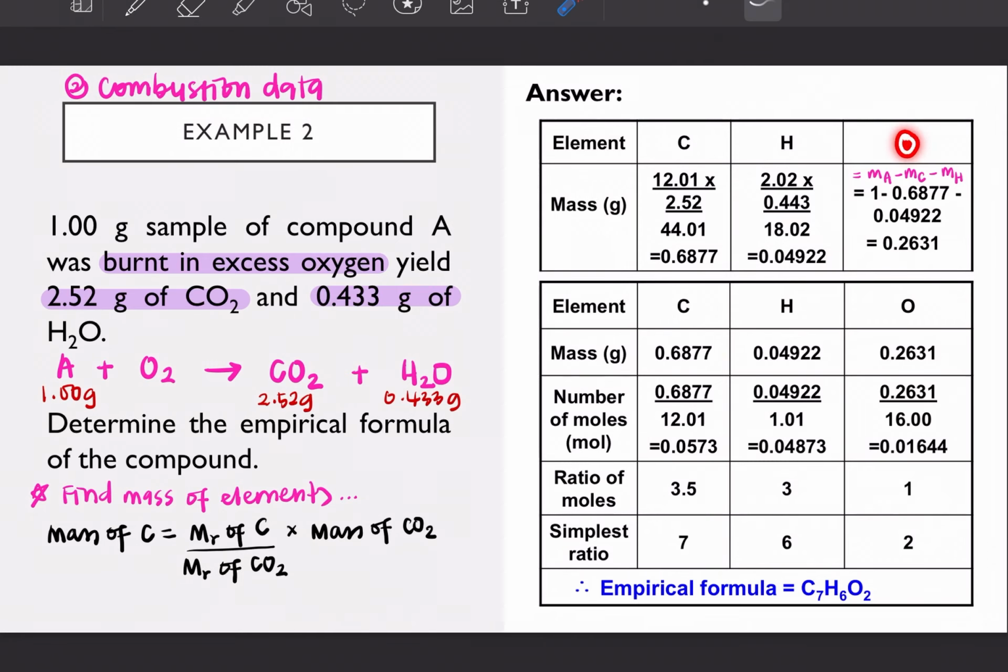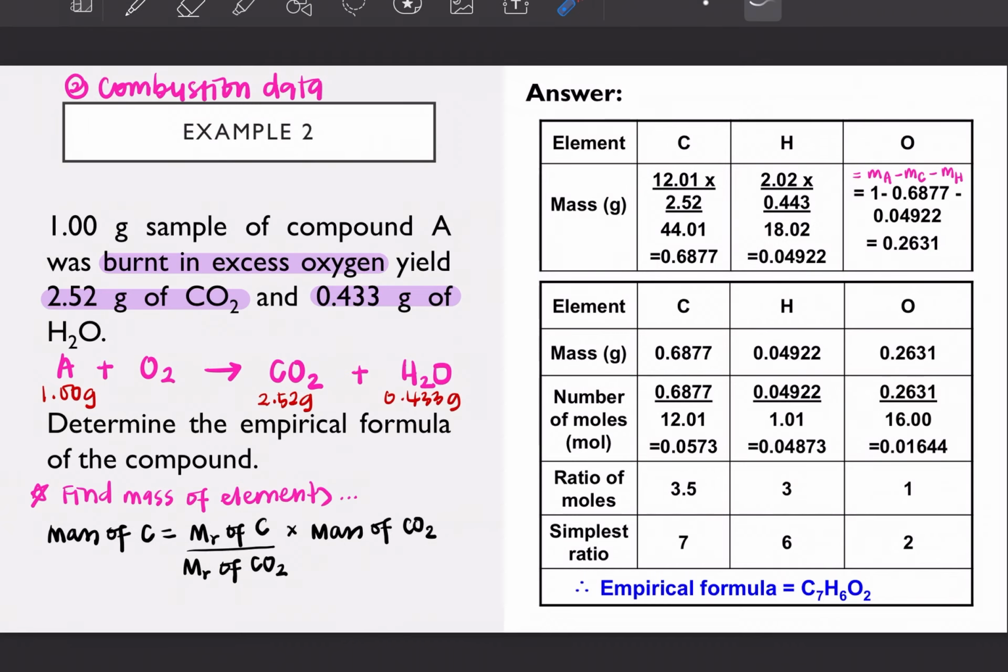To find oxygen, we will just subtract. From the mass of compound A, 1 gram, minus the mass of carbon that you already got, minus the mass of hydrogen that you counted before. And so you will find the mass of oxygen. Why can't we find the oxygen directly?